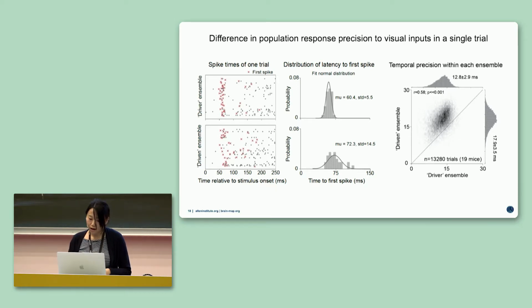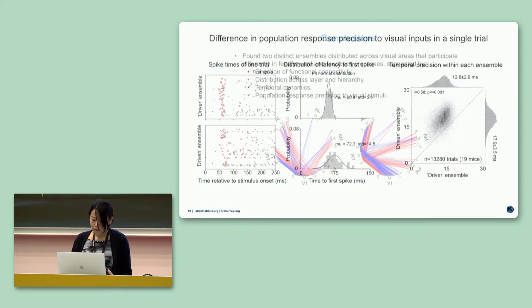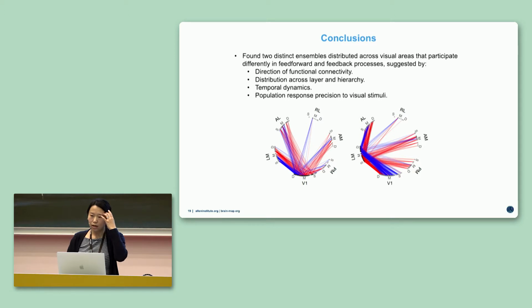Across all mice I have, the driver neurons are more temporally precise and more time-locked to visual input, which again agrees with their potential role to reliably carry visual input. So today, I showed you we found two distinct ensembles distributed across visual areas that could participate differently in the feed-forward and feedback processes.